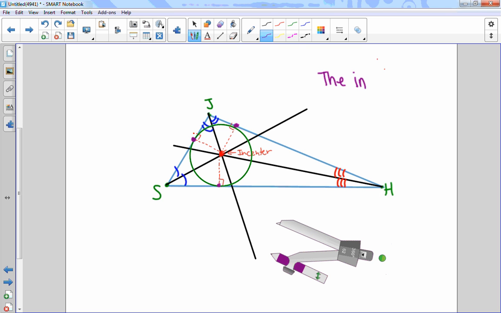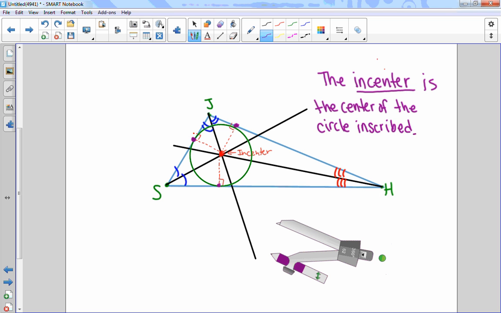Write this down, please. The in-center is the center of the circle inscribed in the triangle.